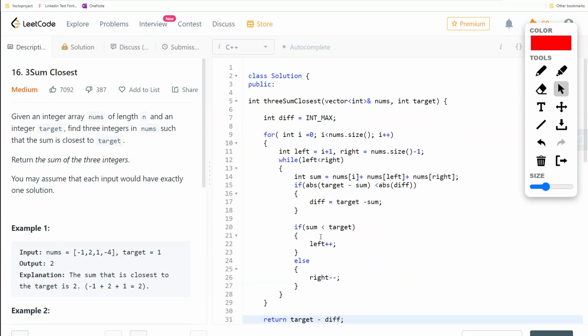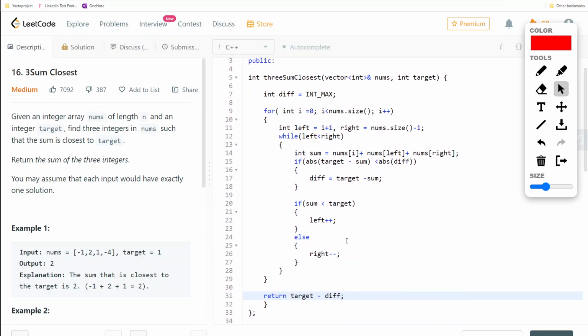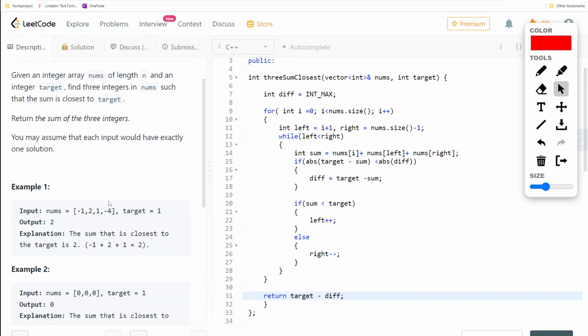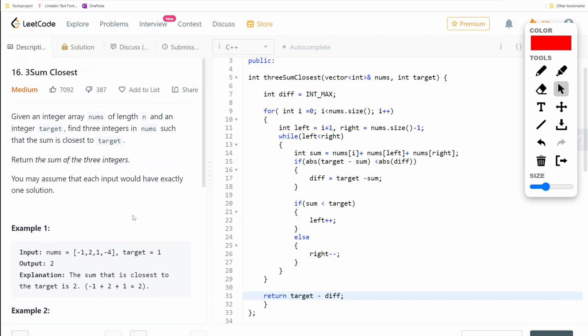Let's see. Here you can see how we are doing this: we are directly traversing, right? But is it guaranteed that it would be in sorted manner? Whenever we sort them, it becomes much easier to detect which is the closest sum.